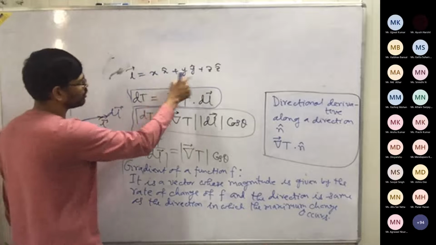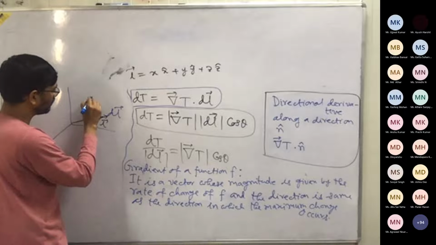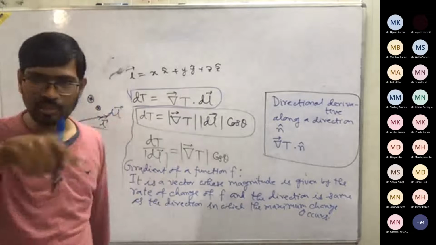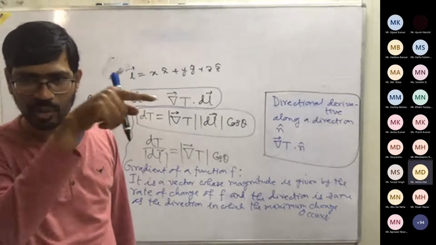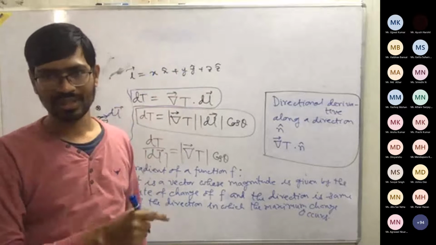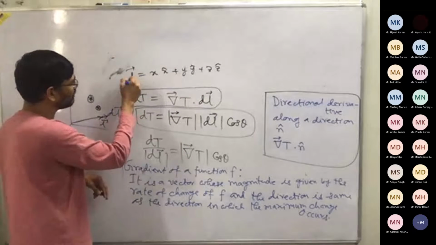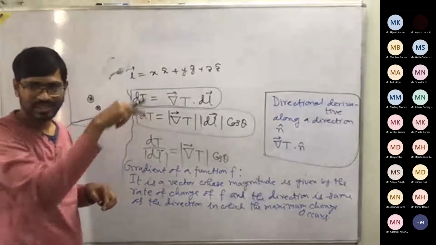This depends on x, y, z. x, y, z is an arbitrary point. I take 1 1 1, I take 2 1 3, I take 2 2 2, 3 3 3 like that. So I can take different points, and this position vector is going to change.